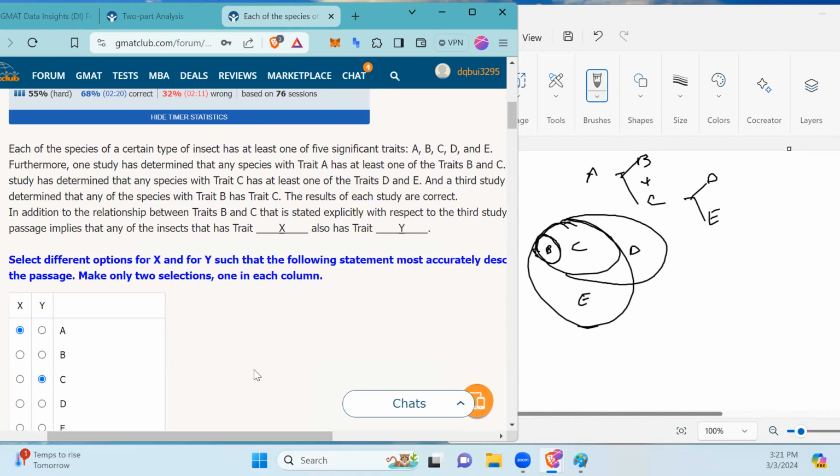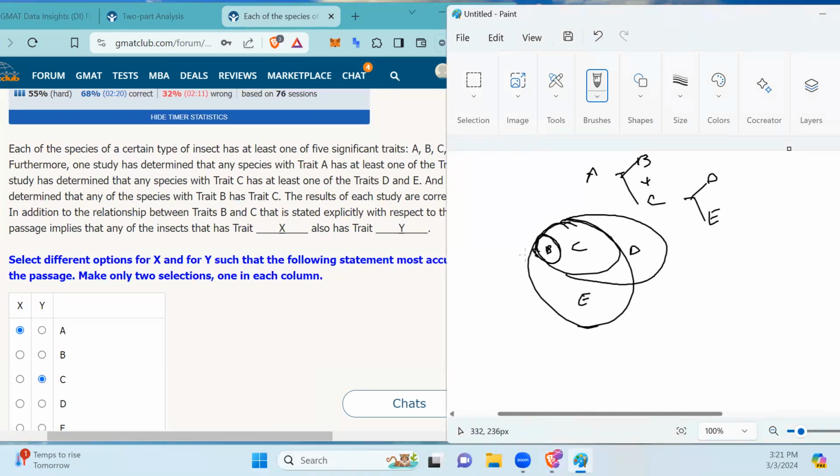So if it has trait A, then it's going to have either B or C. But if it has B, then it's definitely going to have C because B is a subset of C. So if an insect has trait A, then it's definitely going to have trait C. But what about D and E?